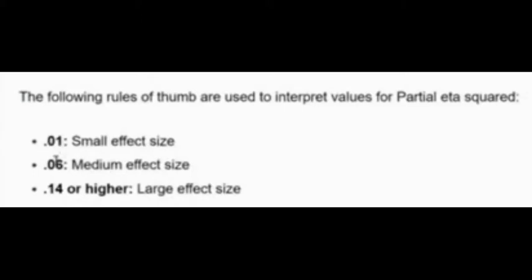It was 0.04. So that would be a small to medium effect size, meaning a small to medium difference in terms of the moods of people who, in the case of our study, received no light therapy versus light therapy for 1 month every single day.